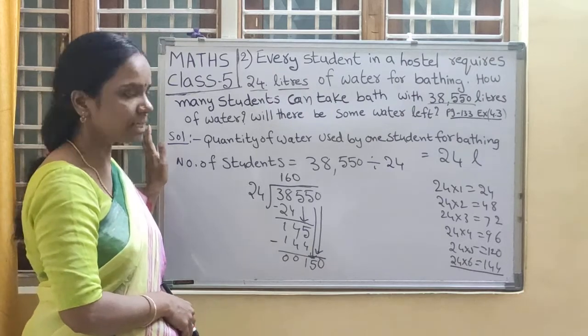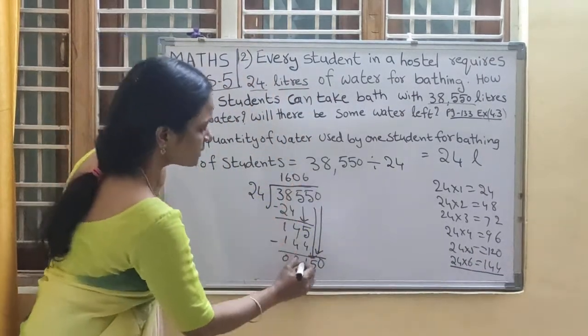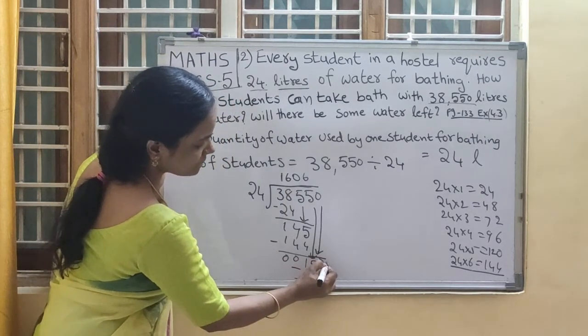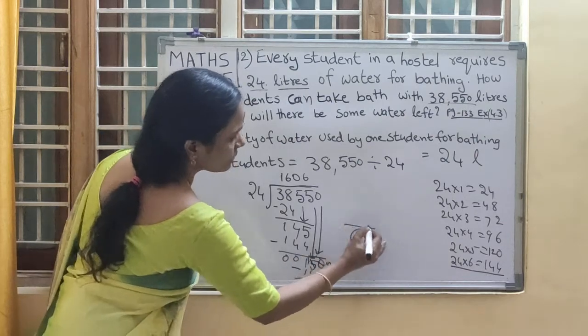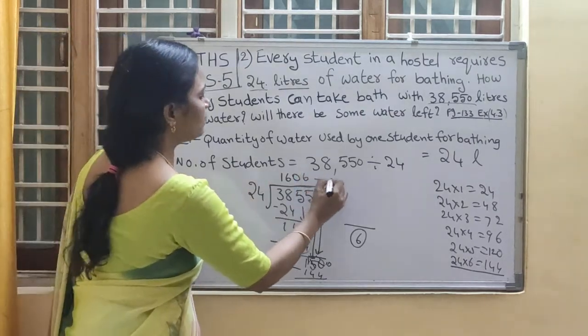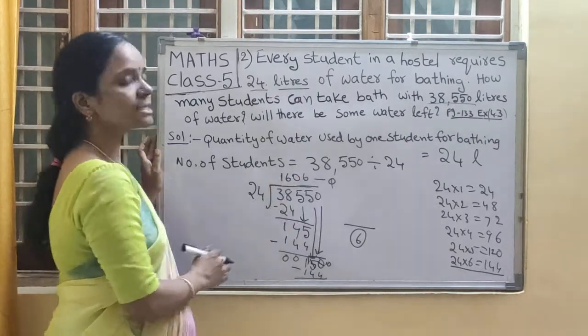No, not exactly. How many times? 24 sixes are 144. Again write down 6 above, and 144 below. Now 10 minus 4 is 6. So 6 is the remainder. So what is the quotient? 1606.